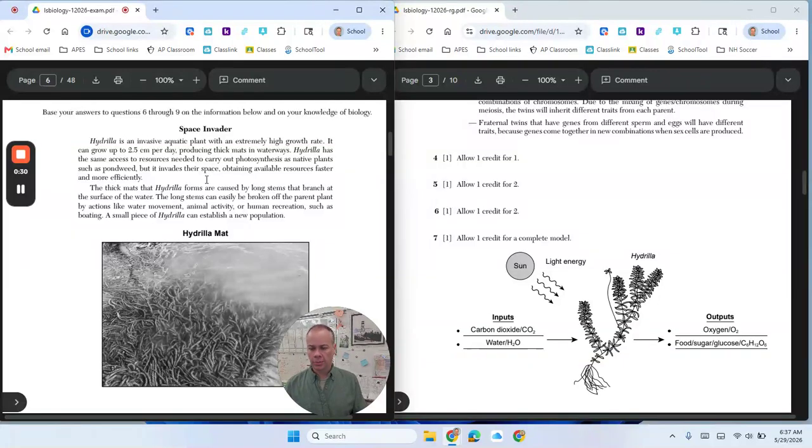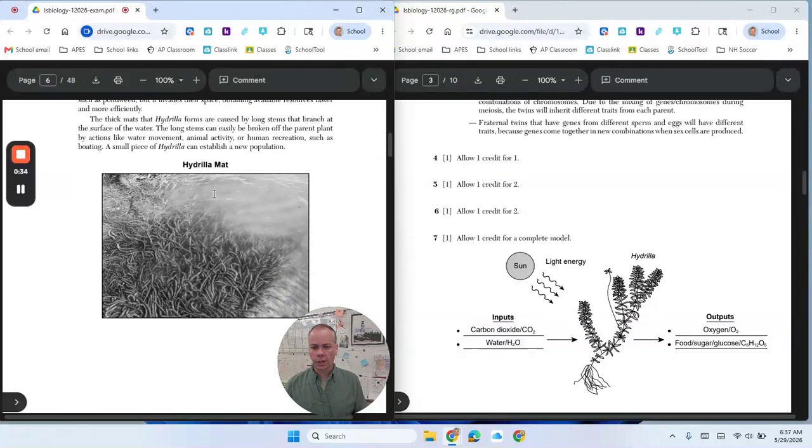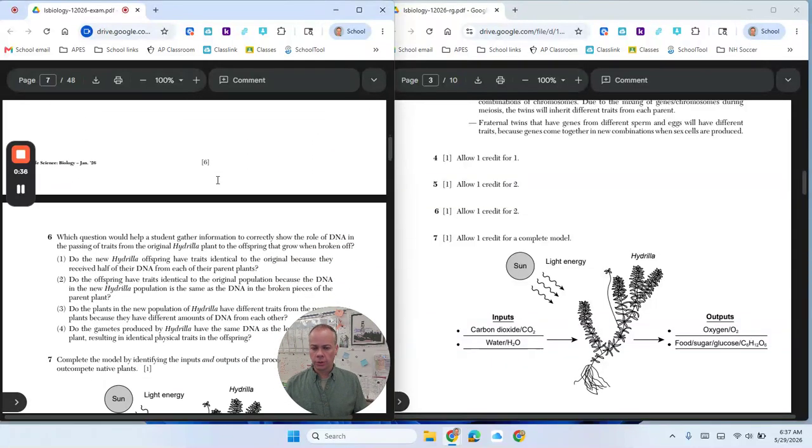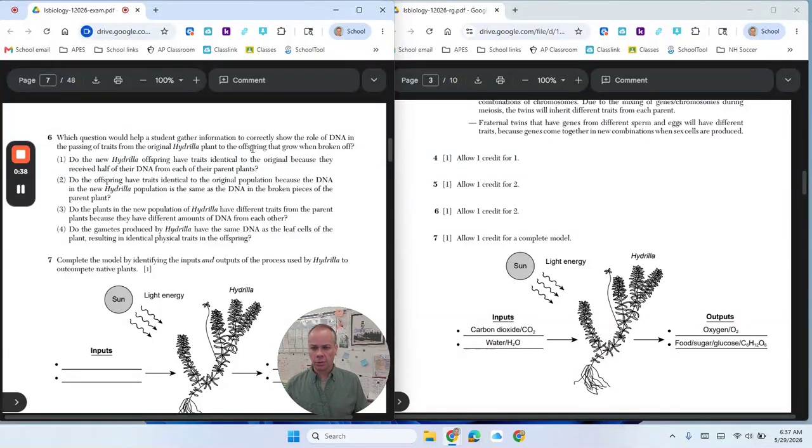We see this is about hydrilla, an invasive aquatic plant. So you will have read that, and then you get to the questions. Question number 6 is asking which question would help a student gather information. It wants you to select a question that correctly shows the role of DNA in passing traits from the original hydrilla plant to the offspring that grow when broken off.